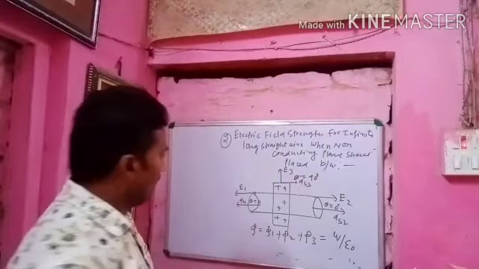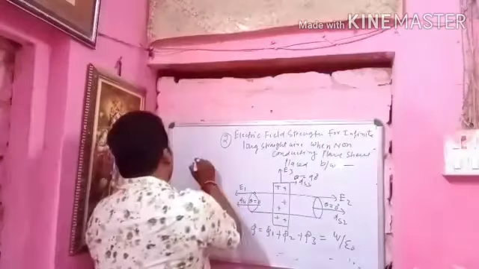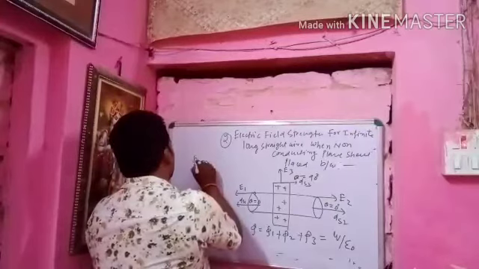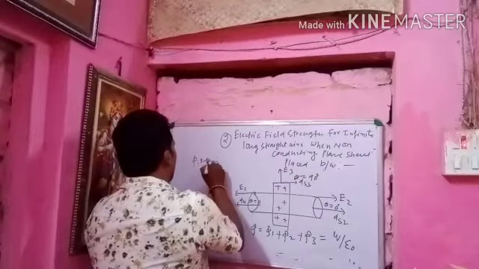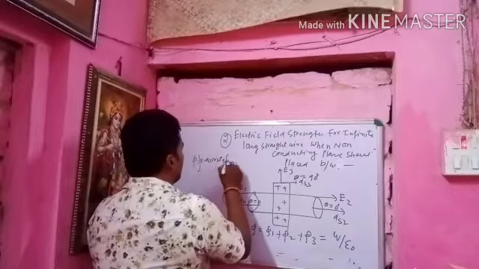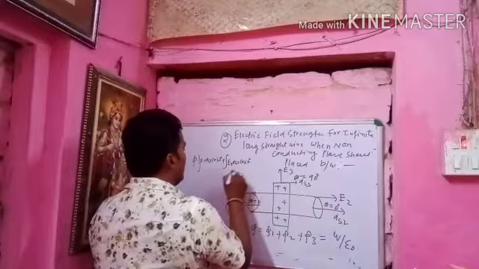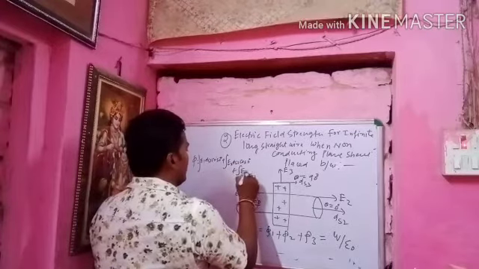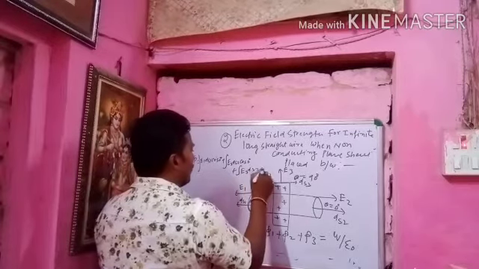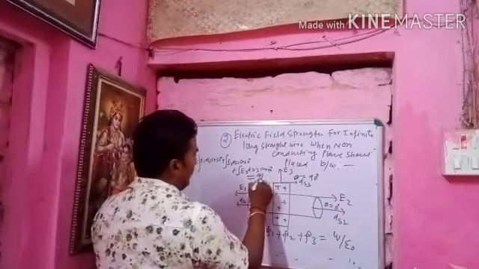In the given figure, we observe that the electric flux in the different conditions, φ is equal to E1 dS1 cos 0 degree plus E2 dS2 cos 0 degree plus E3 dS3 cos 90 degree. It is always equal to Q/ε₀.